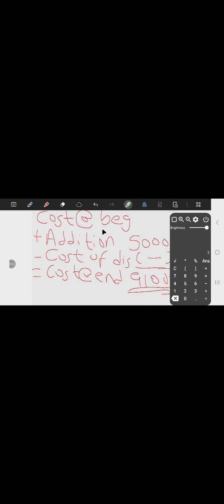Right. So if this plus this minus this is equal to this, then we are able to get what is at the beginning.